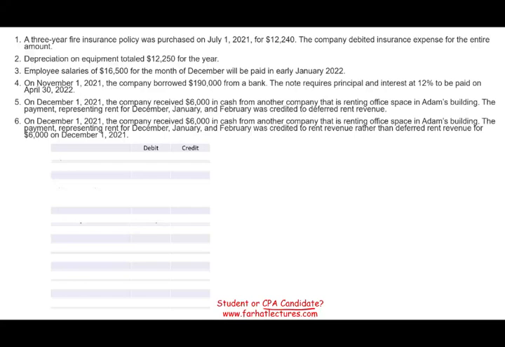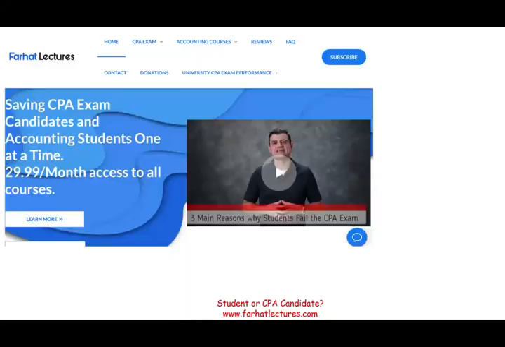So in this session, I will go over different types of adjusting entries, explaining those concepts briefly and working this example. Now, most likely, if you are watching this recording, you are either a student taking an accounting course, an accounting major, or a CPA candidate. I cannot emphasize this enough.